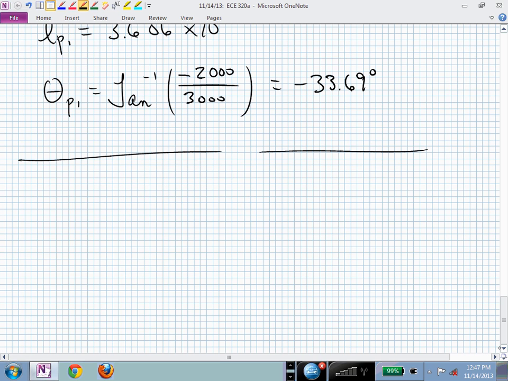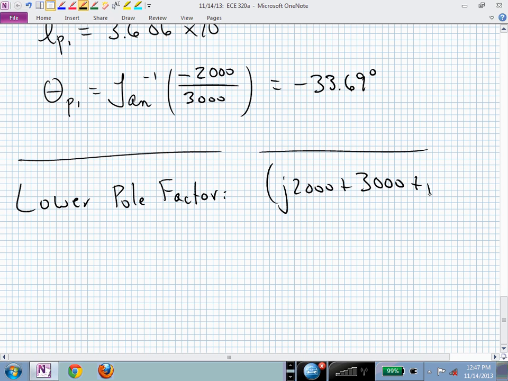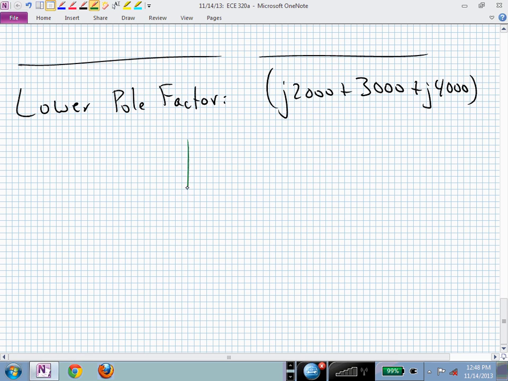And if we look at the lower pole factor, which is j2000 plus 3,000 plus j4000, we now have this particular location to concern ourselves with relative to that desired location of j2000.